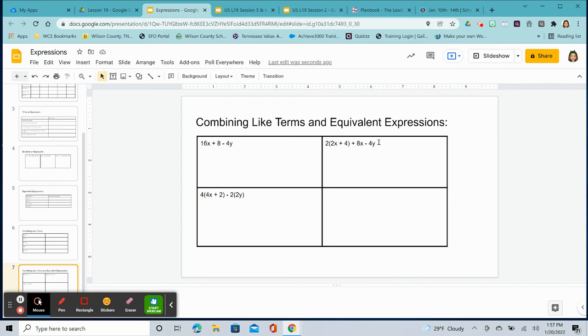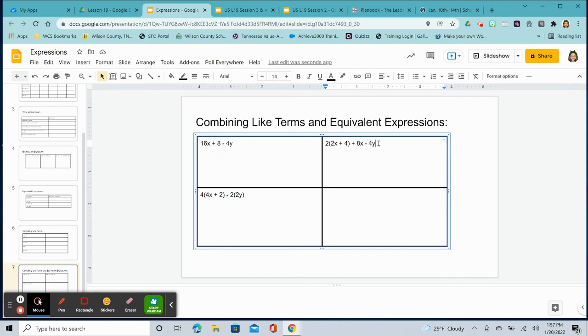So let's take a look at the next one. We have 2 times 2x plus 4 plus 8x minus 4y. Now, you will see distributive property in your expressions. So please make sure that if you see distributive property, that you do that first and then combine any like terms.